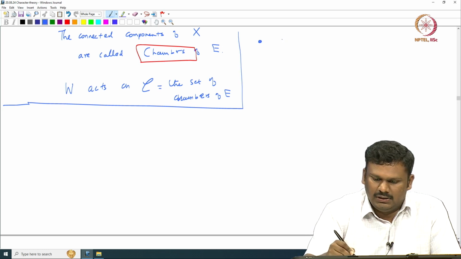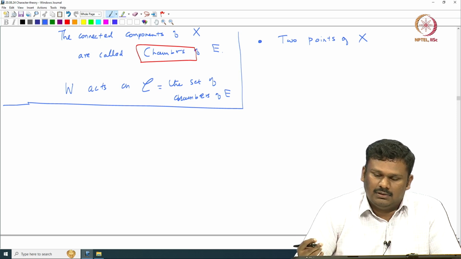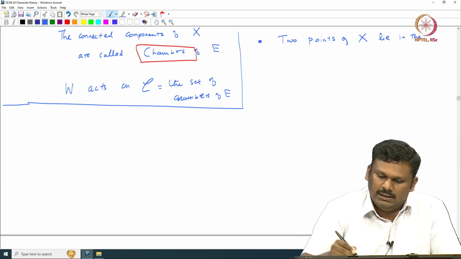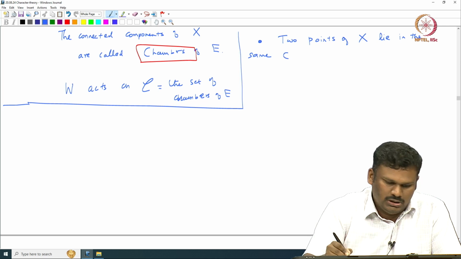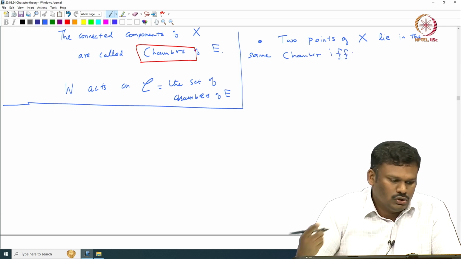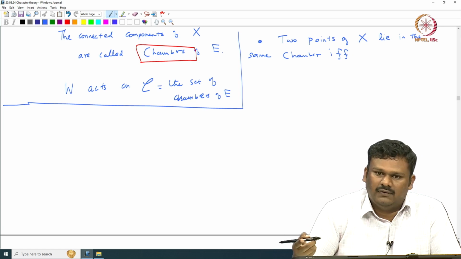If I take two points of this X, I am going to look at when they lie in the same chamber. They lie in the same chamber if and only if, you look at the reflecting hyperplane H_alpha.